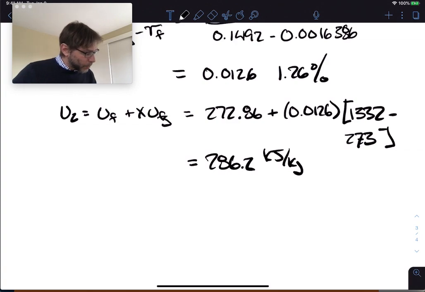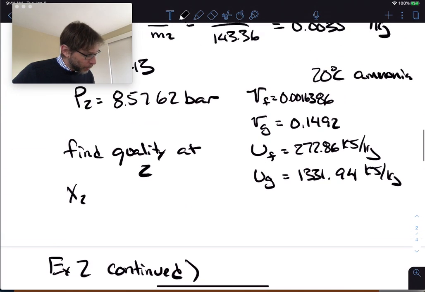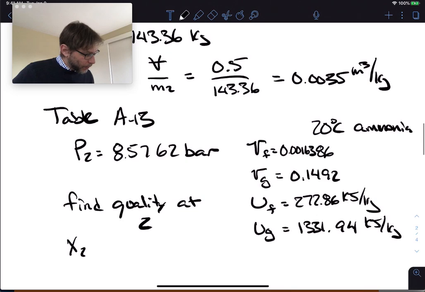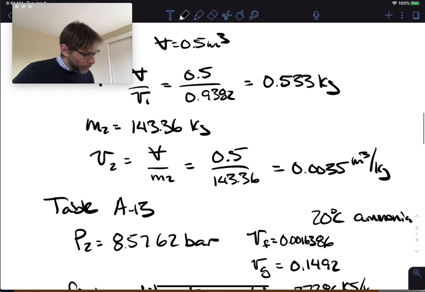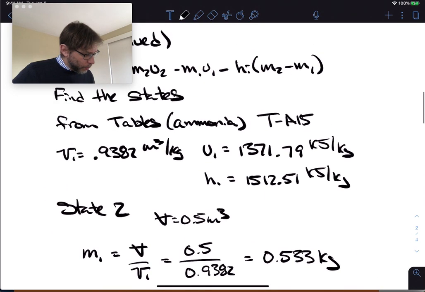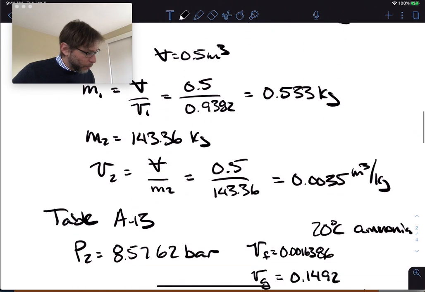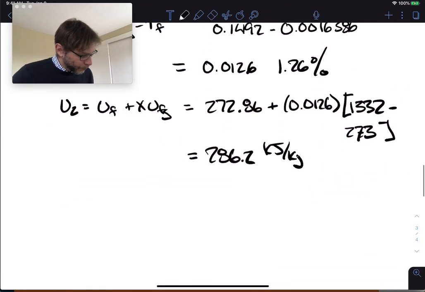All right, so then all we have to do is substitute this in, because we know the H coming in. Did we actually find H coming in? State 1, H1. No, we didn't, but we can find that directly from the tables.